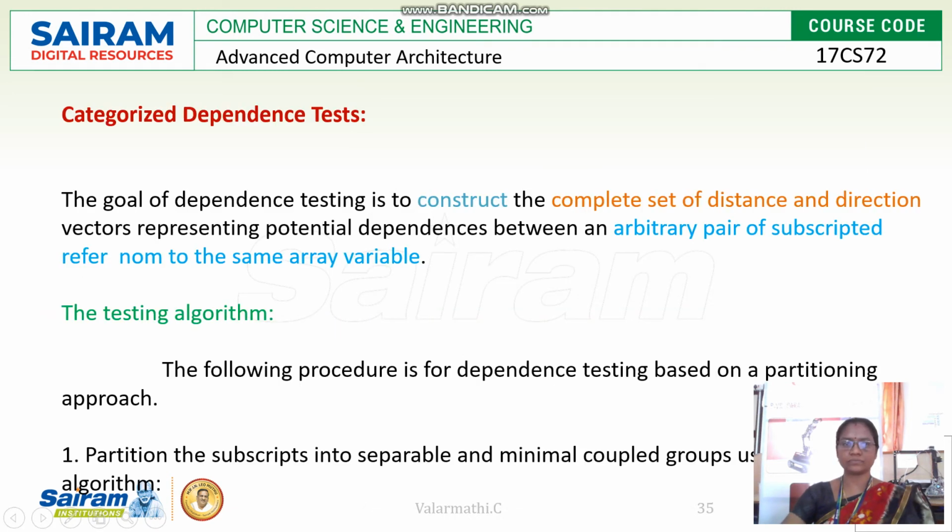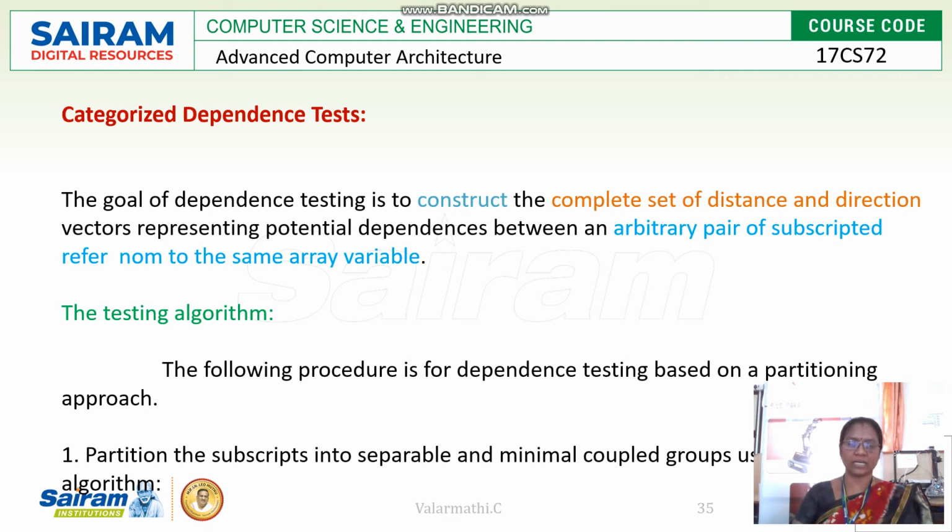Okay, fine. So how can we do this kind of categorized dependence test? There is a testing algorithm which will partition the data in terms of the distance vector.